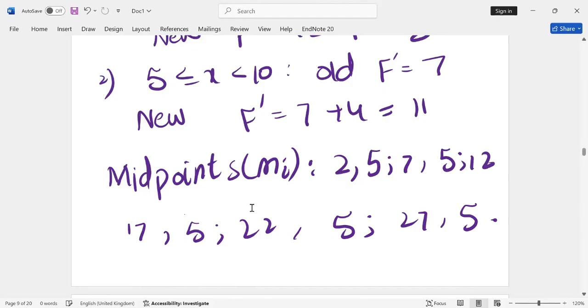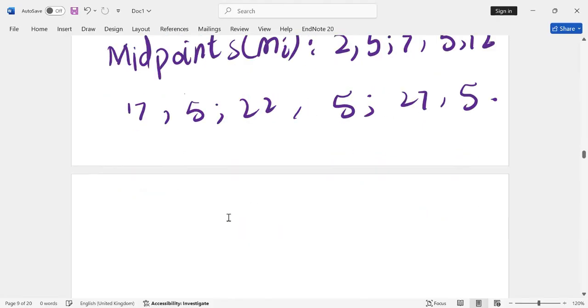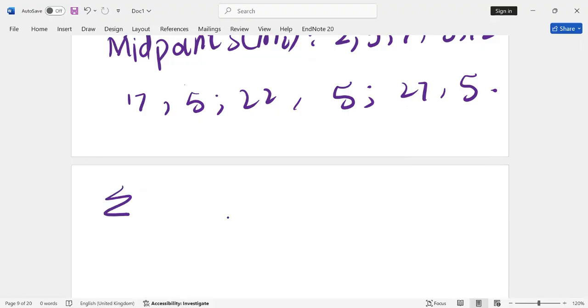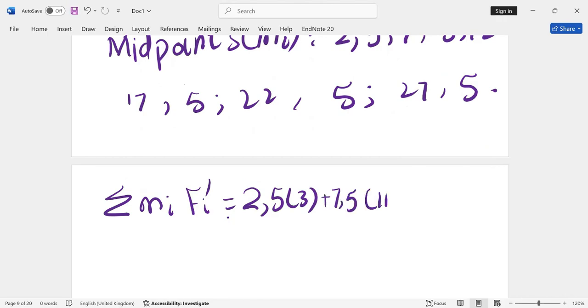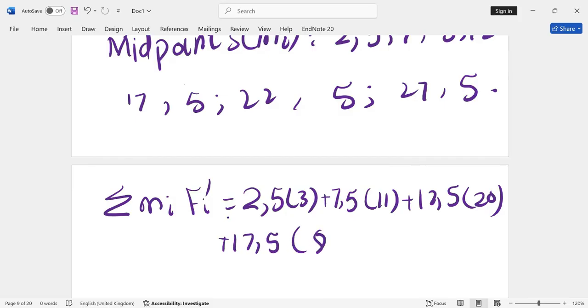Okay, so we have to calculate summation mi fi prime, that is equals to 2.5 into 3, plus 7.5 into 11, plus 12.5 into 20, and 17.5 into 8, plus 22.5 into 5, plus 27.5 into 3. Okay?